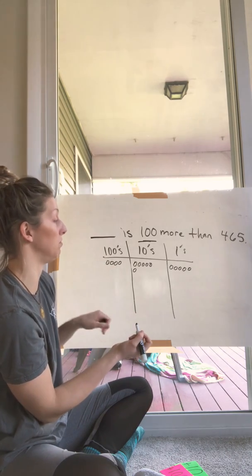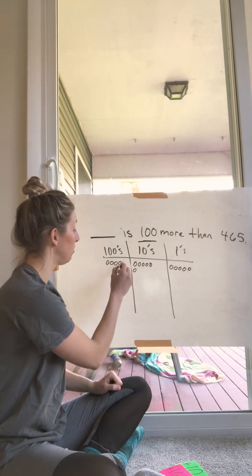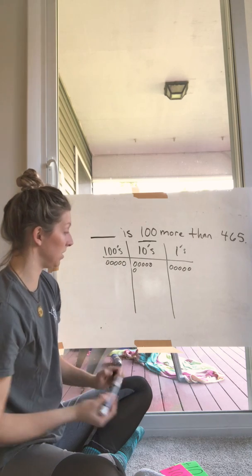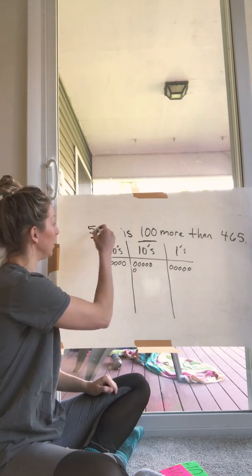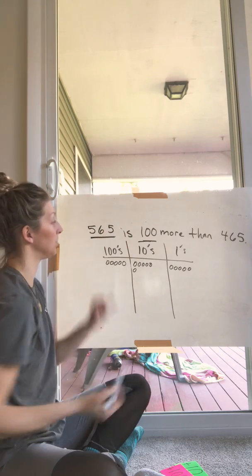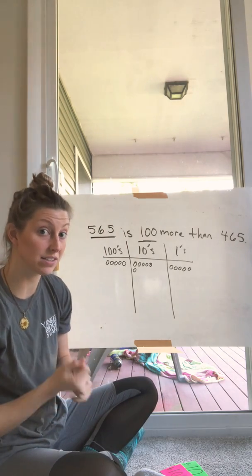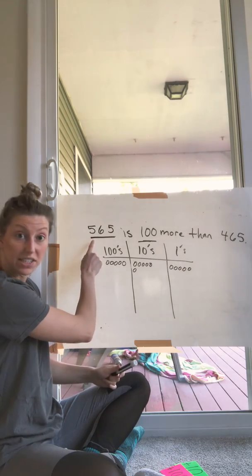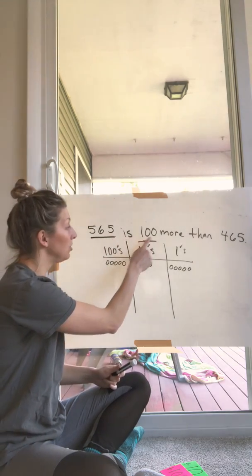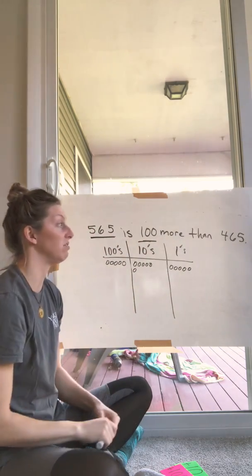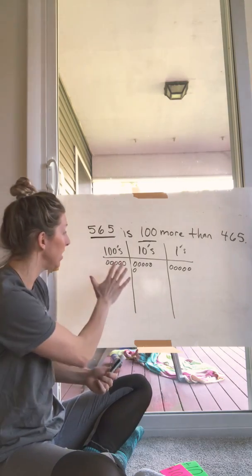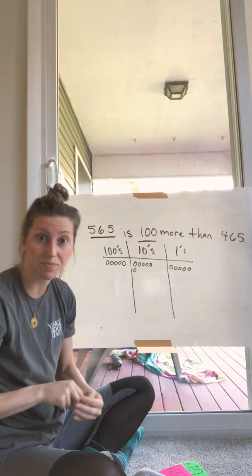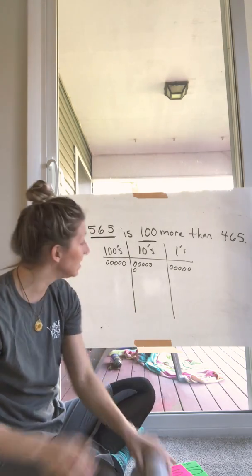Something is 100 more. So if I added another 100, that makes this 565. Let's read it to make sure it makes sense. 565 is 100 more than 465. Does that make sense? Yeah, absolutely. That is bigger than that. Perfect. Okay, and then we'll move to less than.